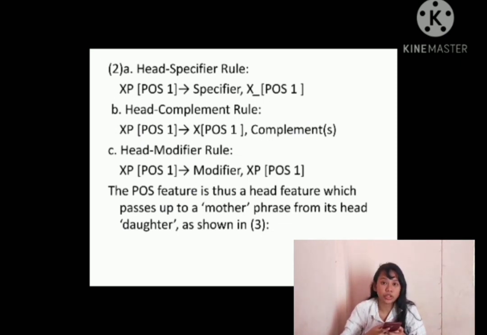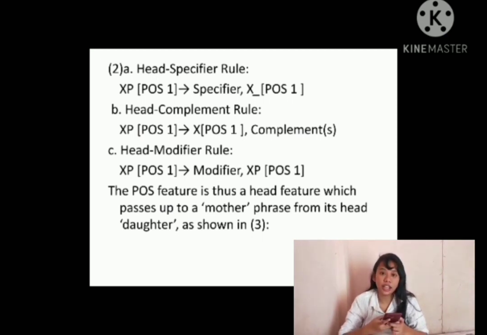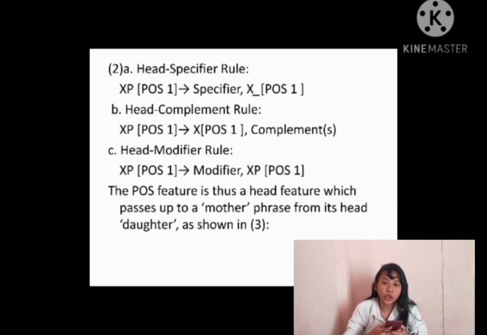XP part of speech 1, specifier X part of speech 1. B. Head complements rule. XP part of speech 1, X part of speech 1 complements. C. Head modifier rules. XP part of speech 1, modifier XP part of speech 1.